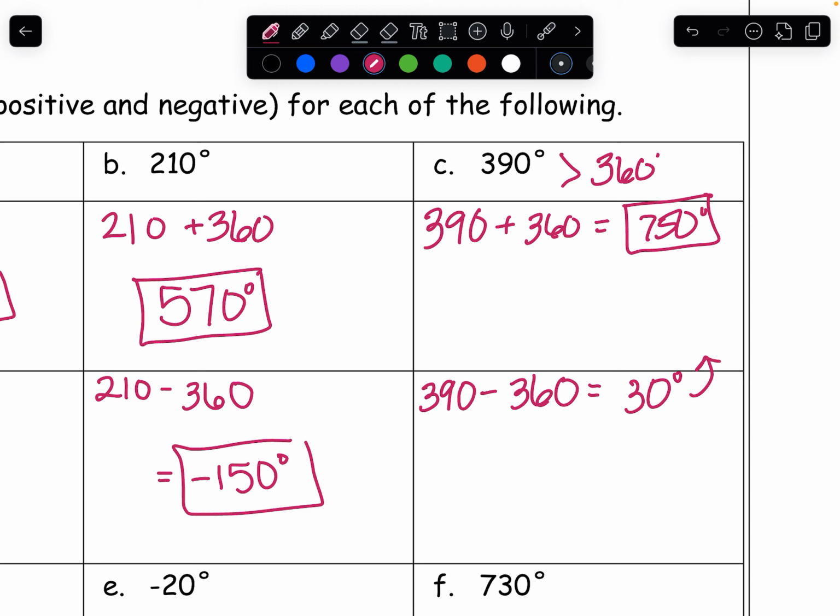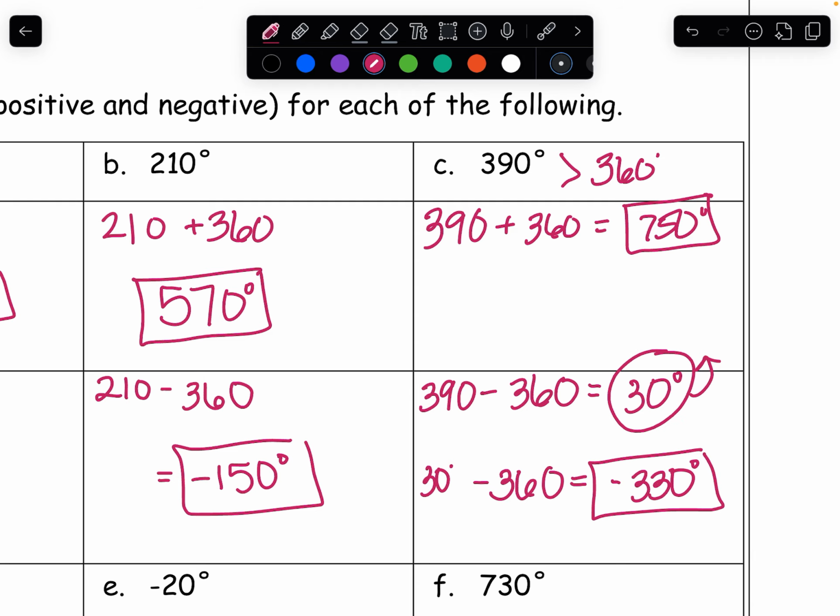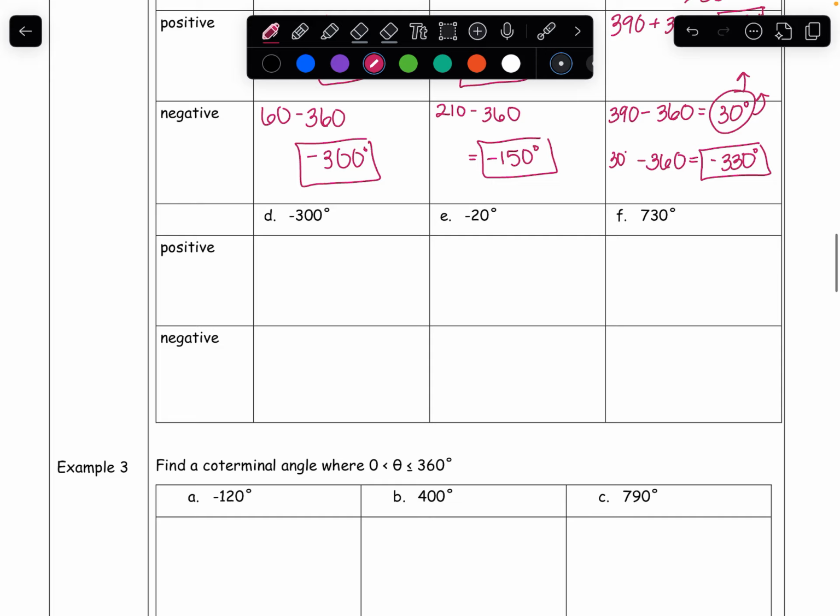So what happens here is we now have to take 30 degrees and subtract 360 to get a negative angle, because we need one positive and one negative. So technically, you could have multiple answers for these types of problems.